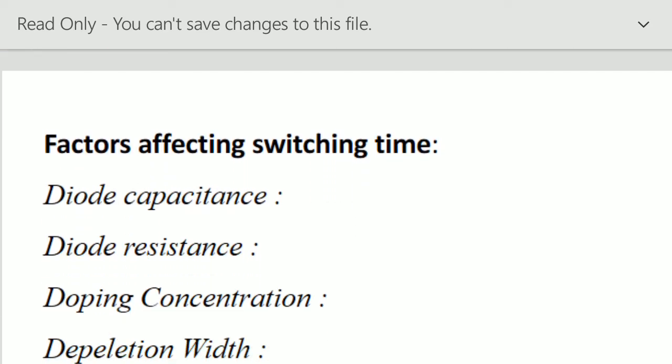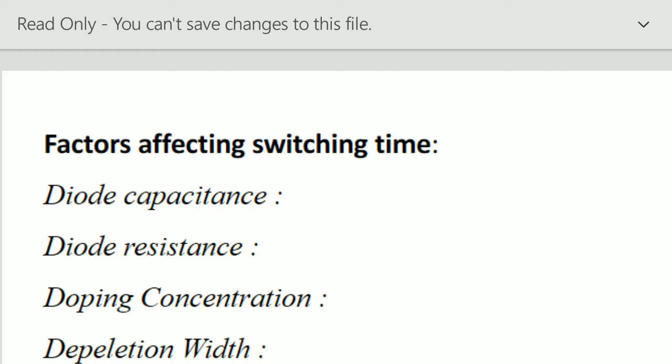Now the factors affecting the switching time. Some of the factors are diode capacitance. We have already discussed the diode: we have a depletion layer, where P type and N type materials are combined. In the junction we have a capacitance effect, and that capacitance effect affects the switching time.